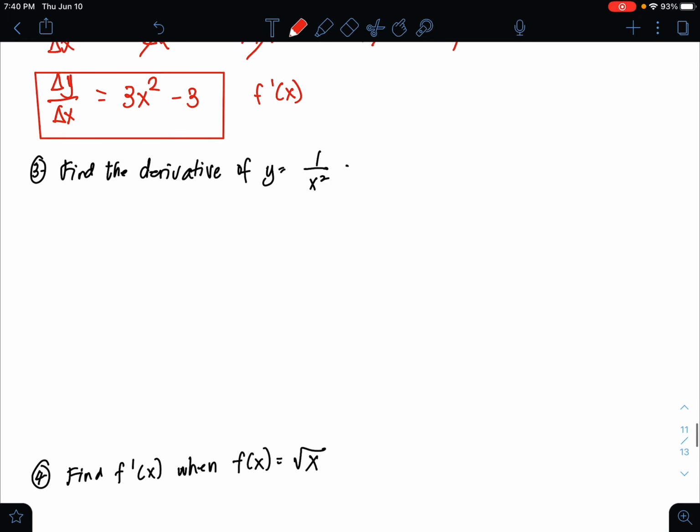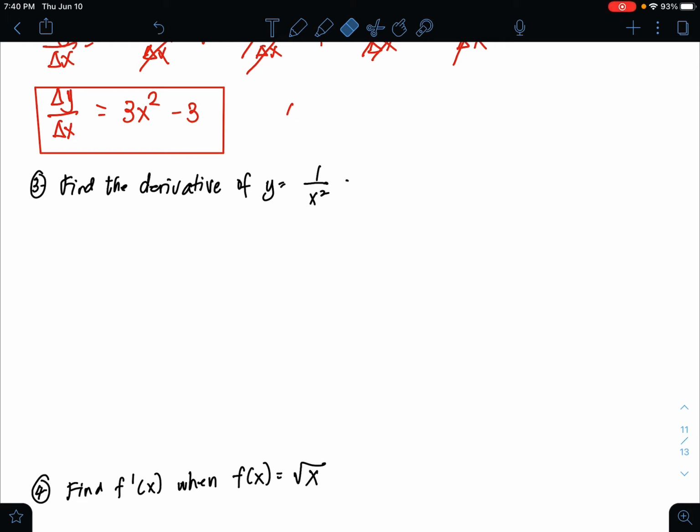F prime of x is the derivative or the first derivative of the function. So find the derivative of y is equal to 1 over x squared. It can be y prime or you can just say dy over dx.